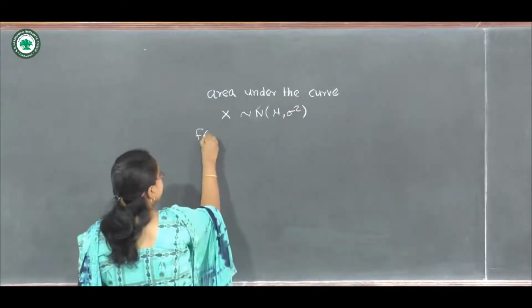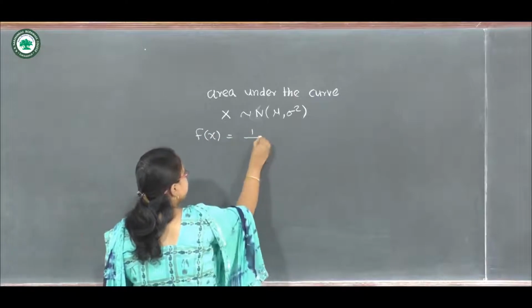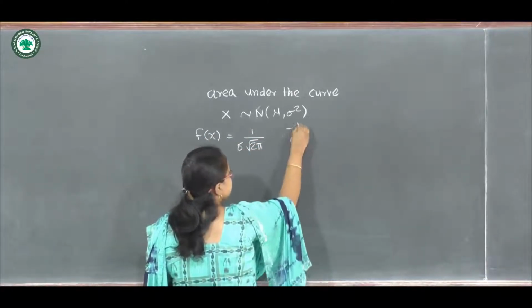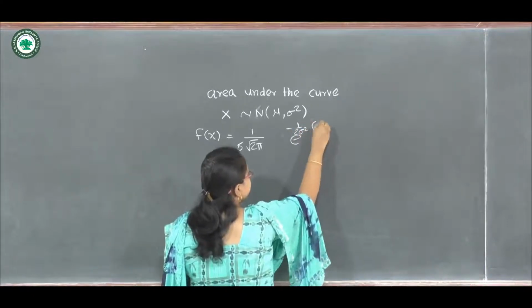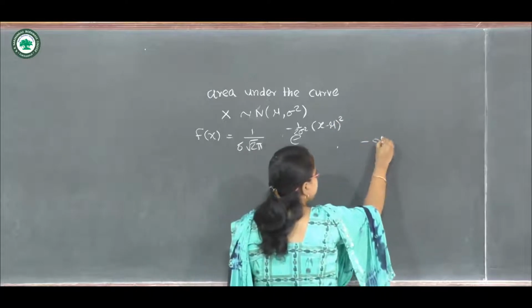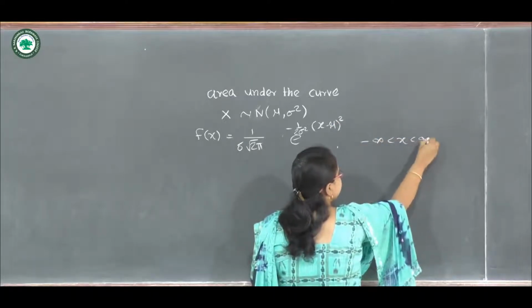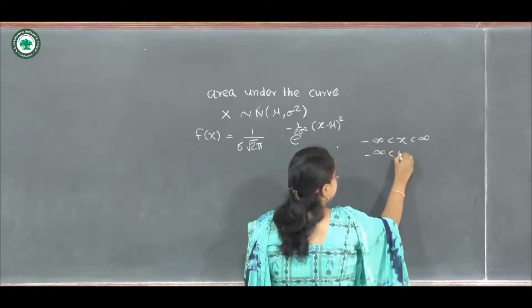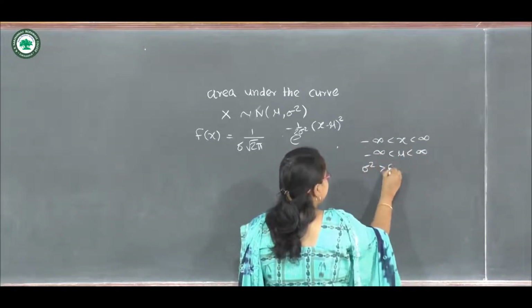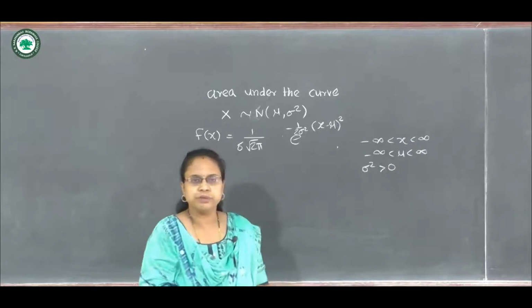Then its PDF is given by f of x equals 1 upon sigma root 2 pi e raised to minus 1 upon 2 sigma square into (x minus mu) whole square. X lies between minus infinity to infinity, mu lies between minus infinity to infinity, and sigma square is positive.